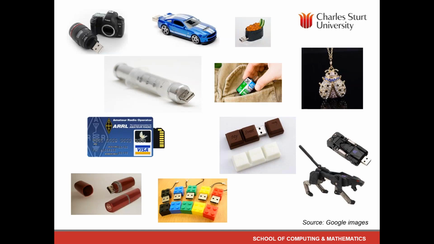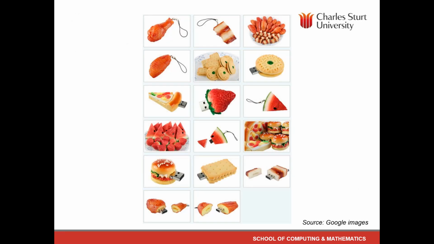Now, these are some of the images I just drew from Google Images. You will be surprised at how evidence can be concealed. Apparently these are very innocent pictures, but they have the capability to store a large amount of data. Given the more storage available to us, and access to that storage so frequently at a very low cost, people have a tendency to store more data and share more data.